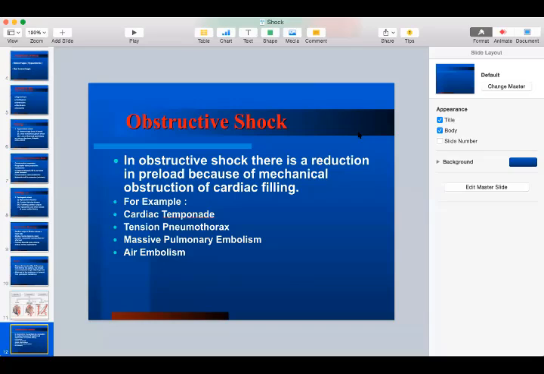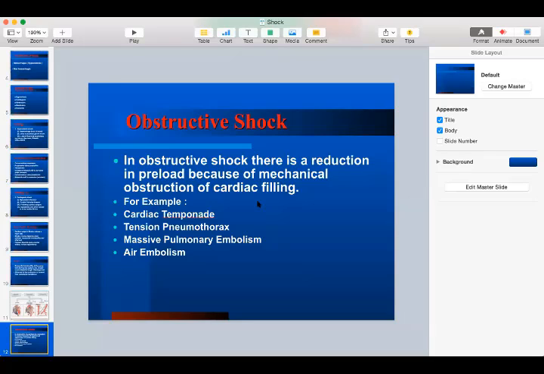The third type of shock that we'll be discussing is obstructive shock. In this, there is a reduction in preload because of mechanical obstruction or cardiac failure. For example, we have the first disease laid out as cardiac tamponade, which I'm sure a lot of you already know.